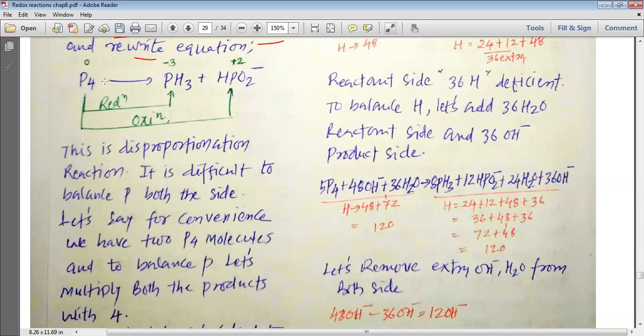Now we need to assign the oxidation number to all. So for P4 we have 0. For PH3, P has got -3, and for HPO2 minus, P has got +2. So you can see that this same P4 undergoes reduction and undergoes oxidation. So this is the case of the disproportionation reaction.